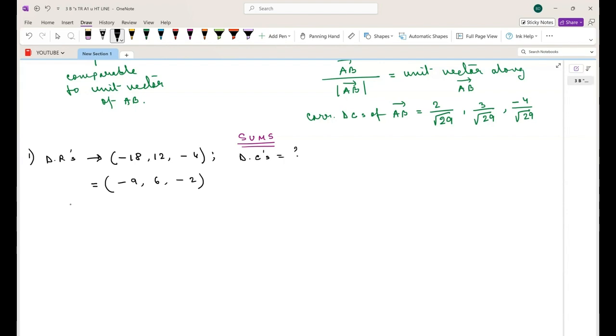Now we'll calculate this expression, that is minus 9 whole square plus 6 square plus minus 2 whole square. So that is 121, and its square root is 11.